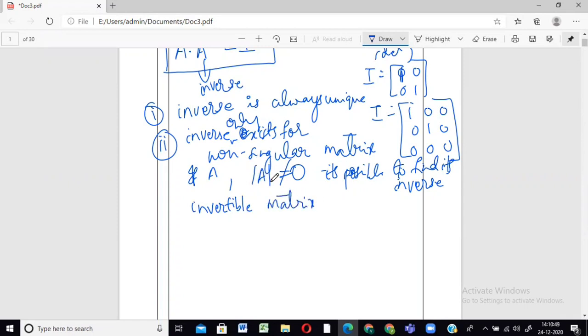If the determinant of that matrix is not equal to 0, it's called a non-singular matrix, we know, right? Then it is possible to find out its inverse, correct? If it is not equal to 0, then its inverse will exist, and such a type of matrix will be called an invertible matrix. So these terms you have to remember: non-singular, invertible. These are the same things.